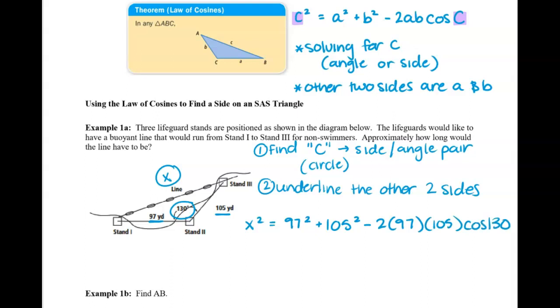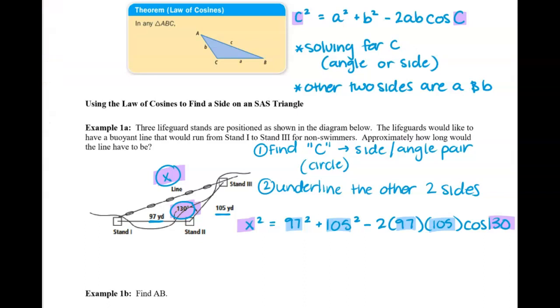So again, our pair shows up here and here, and those other two sides show up here and here. If that is helpful, great. If not, you can ignore it.